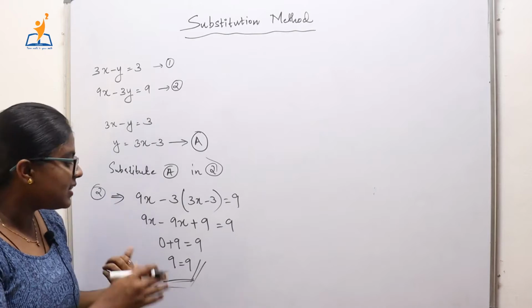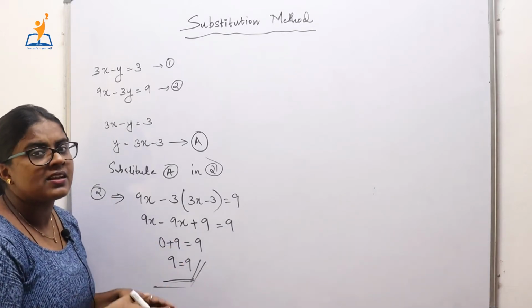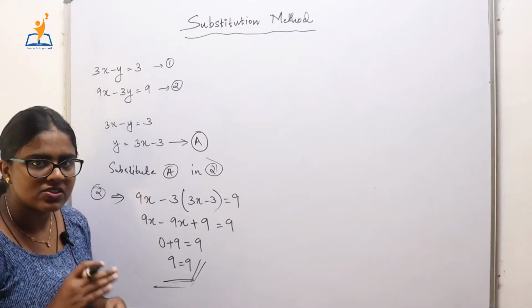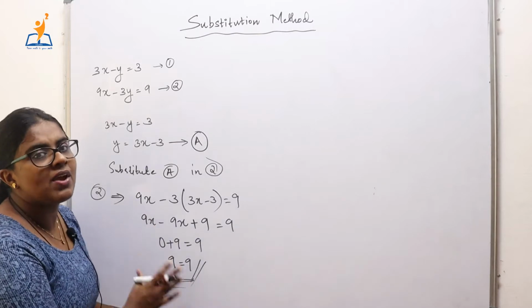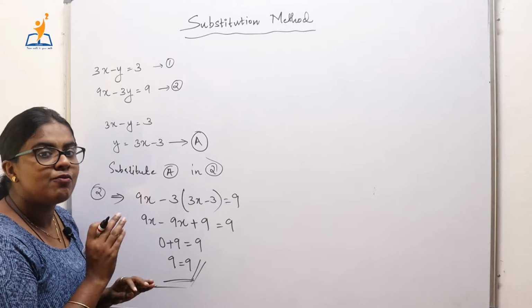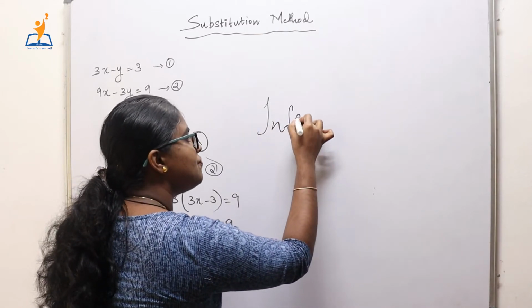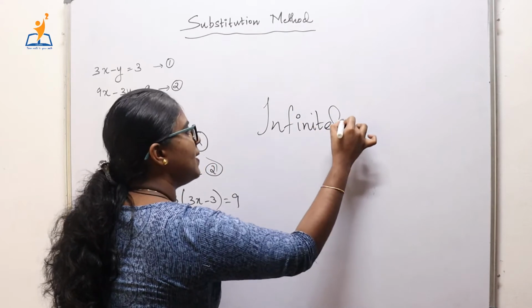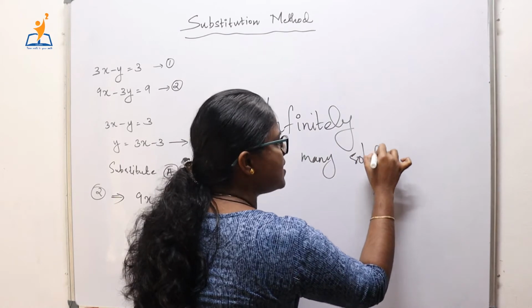But here the value of x is eliminated, which means that this pair of linear equations has infinitely many solutions. If either of the variables gets eliminated while solving by the substitution method, we must conclude that the equations have infinitely many solutions.